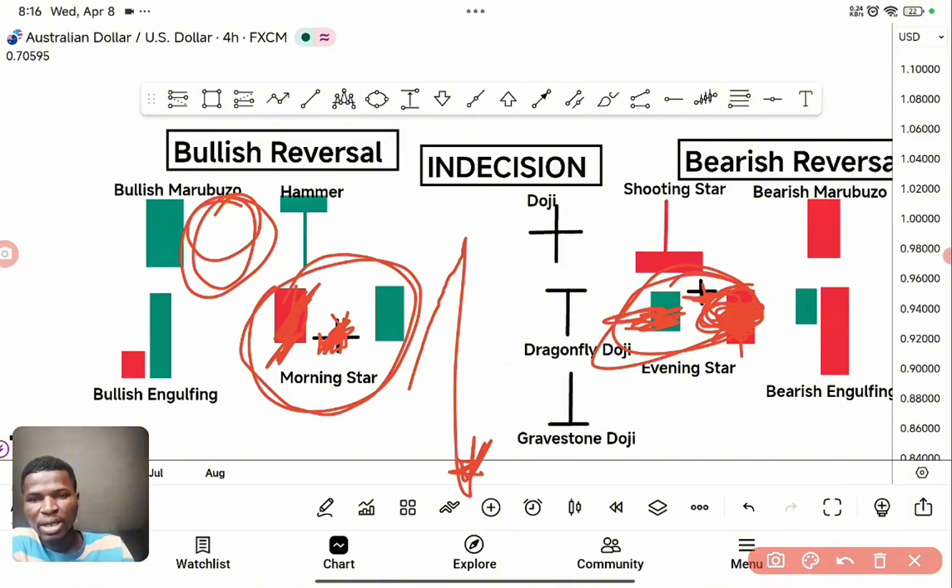Out of nowhere, the buyers come and win the battle. When you spot this morning star, with some confidence, it's a buy setup, you can take a buy, but you can't rely wholly on a candle. You have to find two or three confluence criteria to back this up.